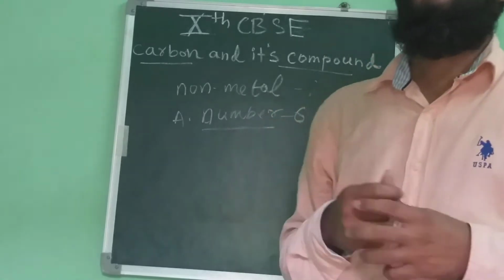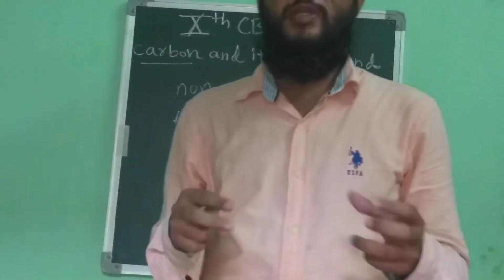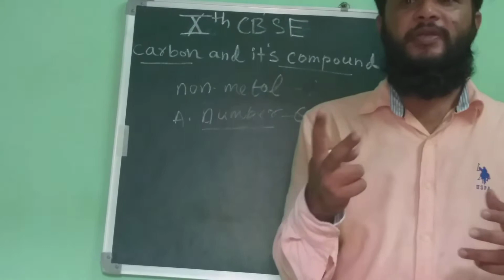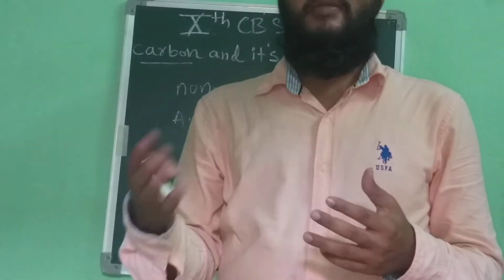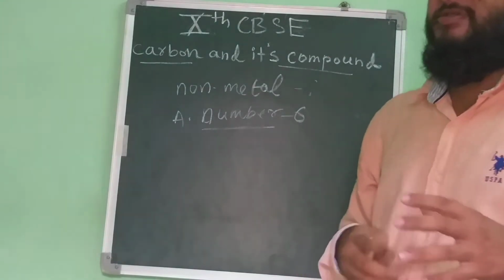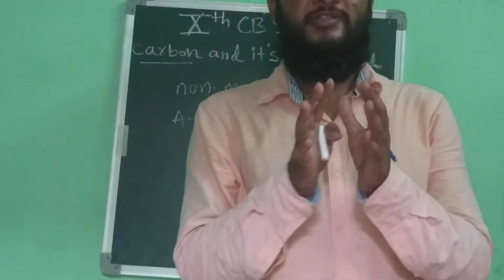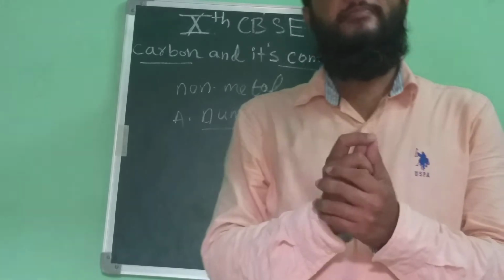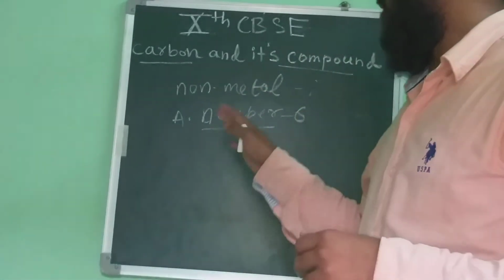This is because carbon has two unique properties, which we will see later in this chapter. First is catenation, and the second is tetravalency, that is, it has 4 valence electrons.